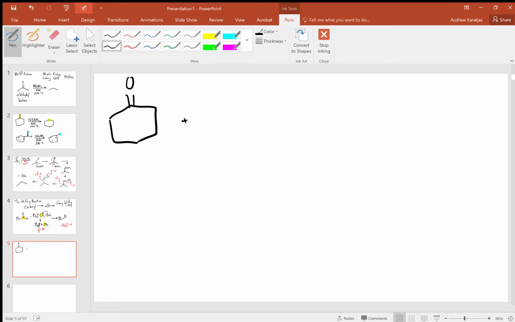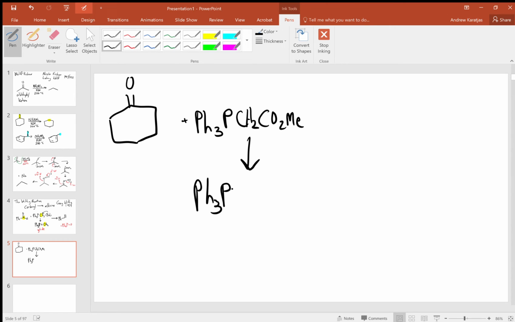And Wittig reactions are generally important enough to the point that you can actually buy either the precursor to the ylide, the compound that needs to be deprotonated, or in some cases, like with this compound, so this carbon right here is extremely acidic because once you form this anion, that anion can be stabilized by resonance into the phosphorus or into the carbonyl.